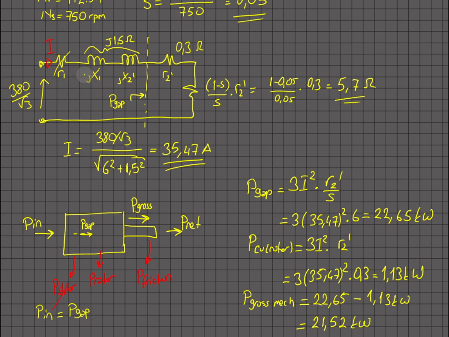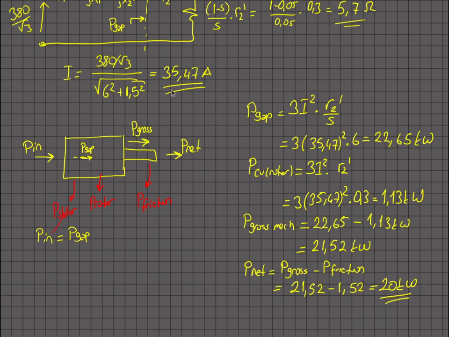It will be wrong because of the inductive components. If you start from the gap power in this question, or from the mechanical power in some questions, real power is only dissipated in resistive components. Capacitors or inductors cannot dissipate or absorb real power, they absorb reactive power. So in real power calculations, you can just move on by calculating the resistive components.